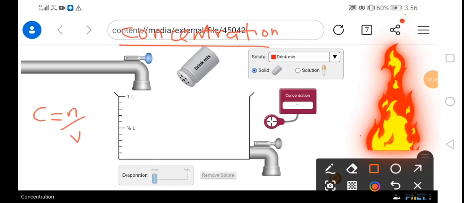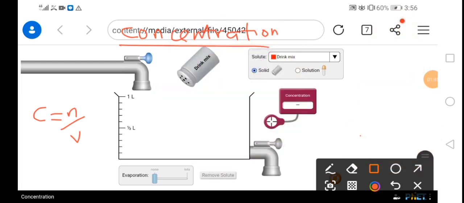But if the question is demanding you to leave your answer in grams per decimeter cubic, it means the formula for concentration will be concentration equals mass over volume, where this will be in grams and this will be in decimeter cubic.